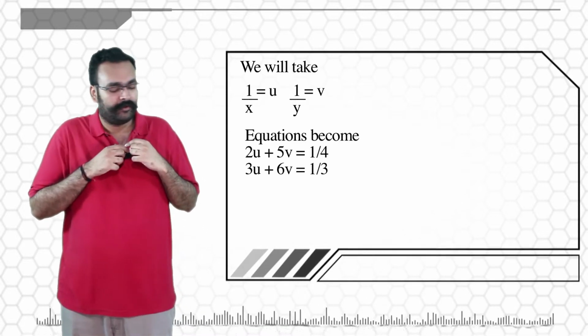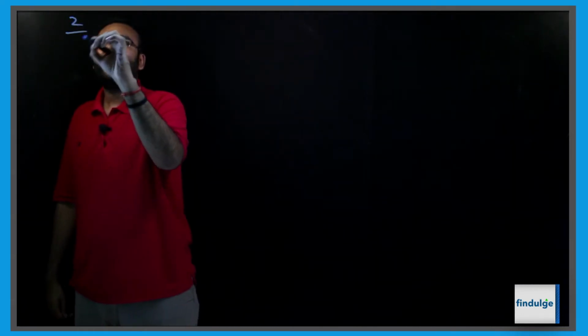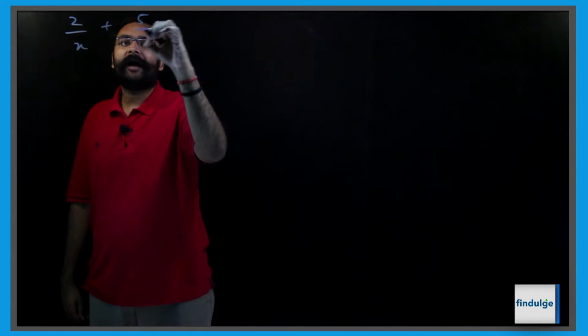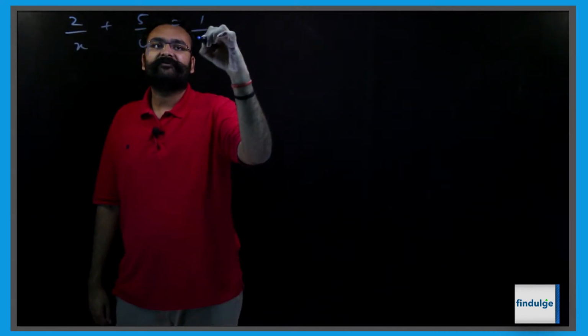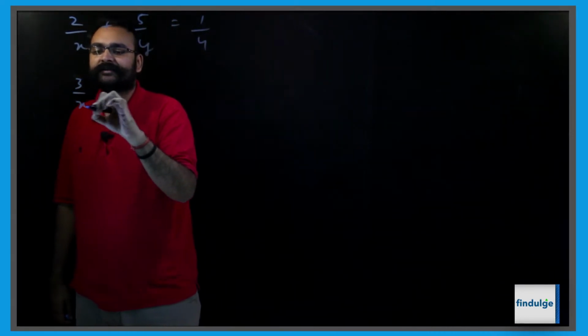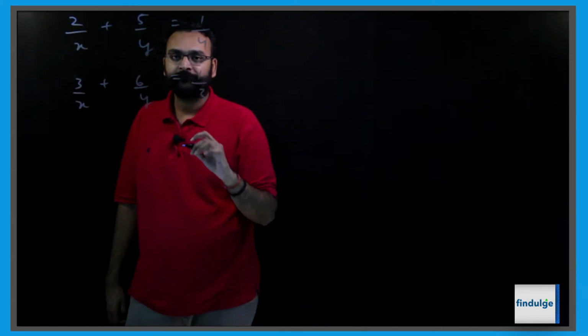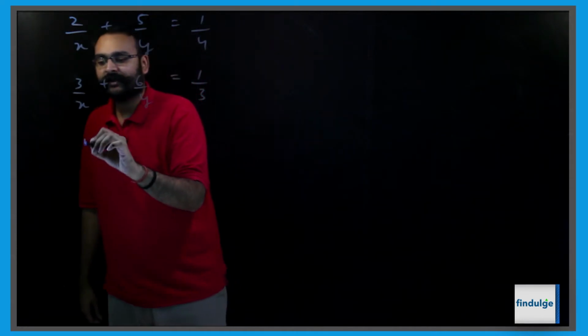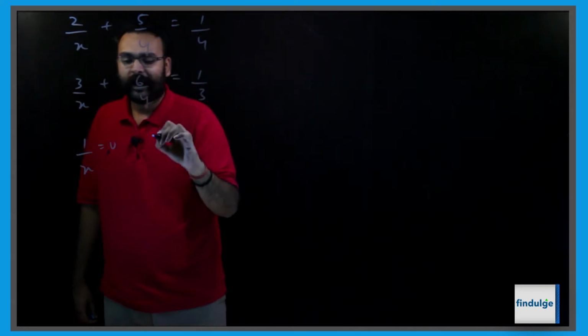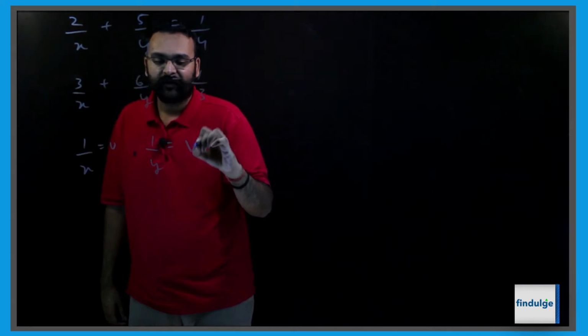Okay. Good. So, like in the previous question, I'm again going to show you the working because these are again slightly more complicated. So of course, if our equation is 2 by x plus 5 by y equal to 1 by 4 and 3 by x plus 6 by y is equal to 1 by 3, what we will say is let 1 by x be u and 1 by y be v.